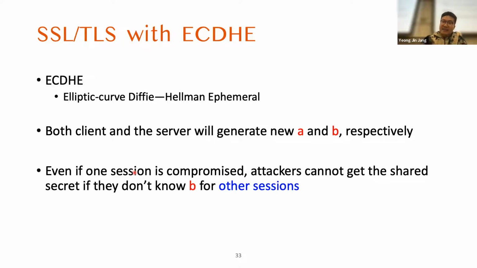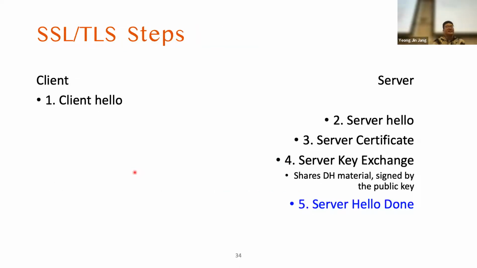And then let's link that with the SSL/TLS steps. There was a client hello, then server hello, and then the server will send the certificate. After that, the server will send the server key exchange message. That is the message that shares the Diffie-Hellman material to initiate the key exchange.